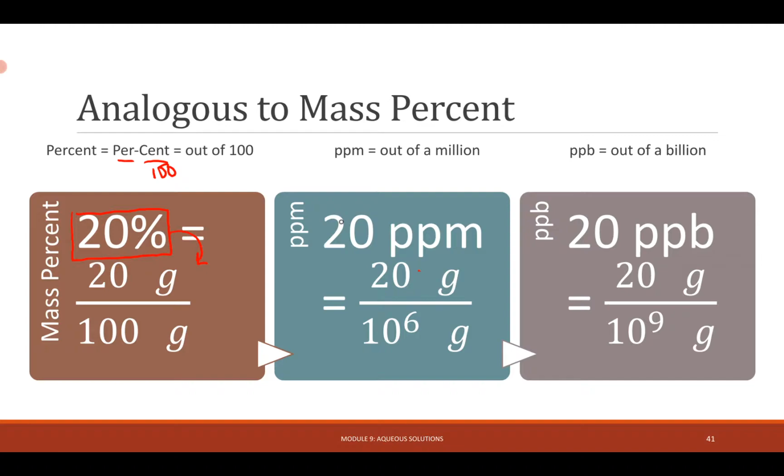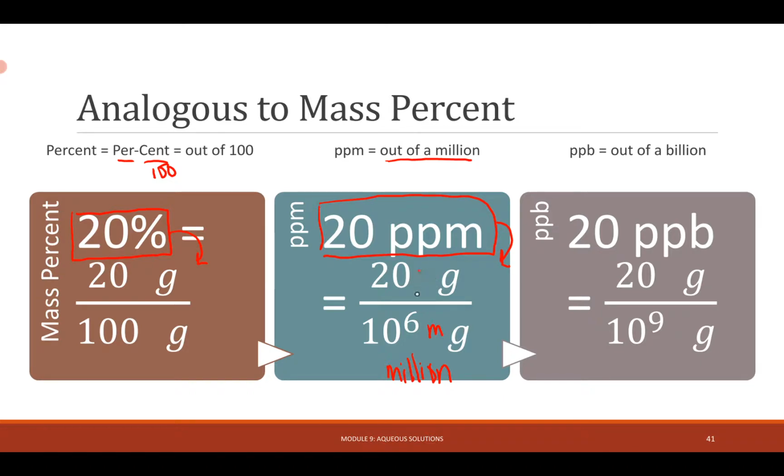If you saw a unit of 20 ppm, then that translates to out of 1,000,000 instead of out of 100. So 20 ppm means 20 out of 1,000,000. You have to pick mass units that match. That's the key thing here. So you could have that be milligrams, milligrams.